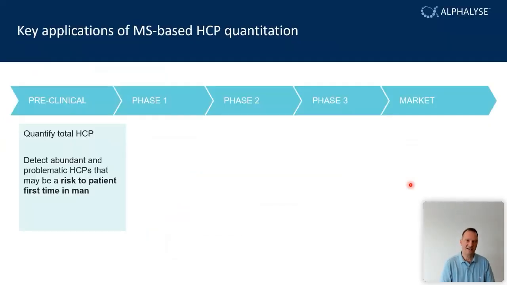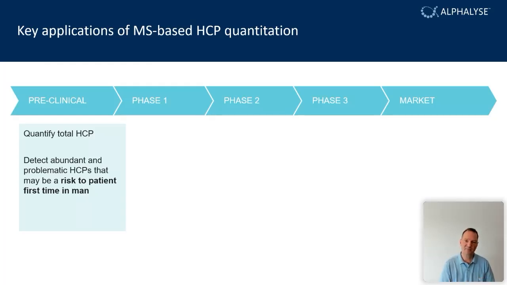So what we see in general, how our clients apply these techniques, they apply it throughout their different drug development stages. In the preclinical, you do it to quantify the total HCP level, to see if there are abundant or problematic HCPs that were not detected by the ELISA that may be of a risk to patients.